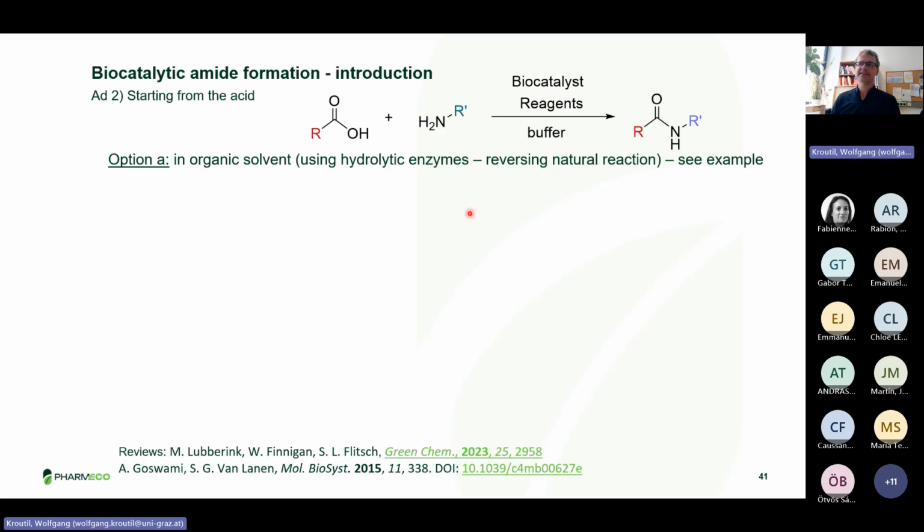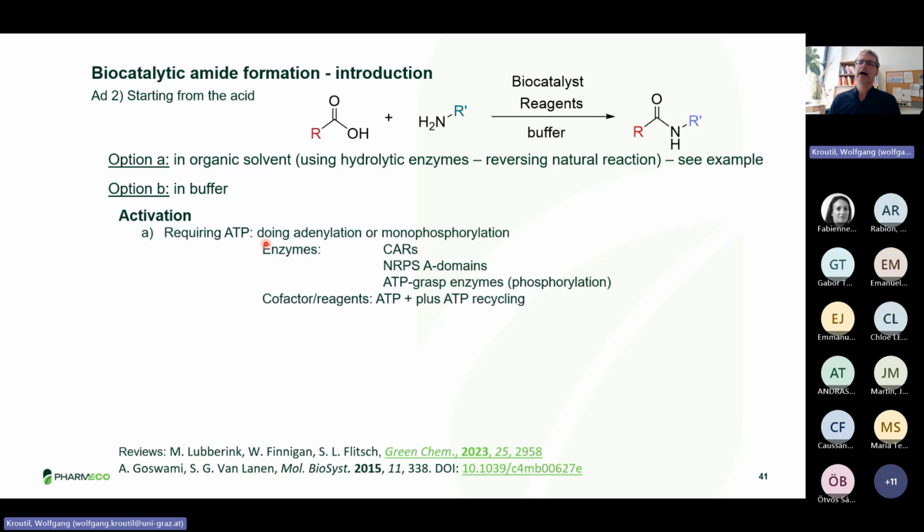When we start from the acid, things get more challenging because, as in chemistry, activation is needed. I will show you later an example in an organic solvent using hydrolytic enzymes. So we could do it in an organic solvent. When we do it in buffer, we need activation, as you would need in chemistry, and there are several methods there.